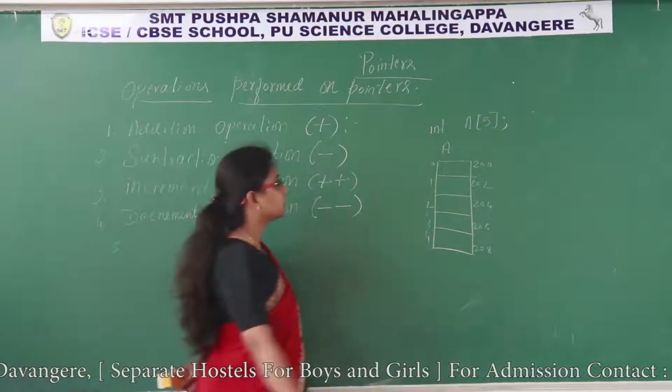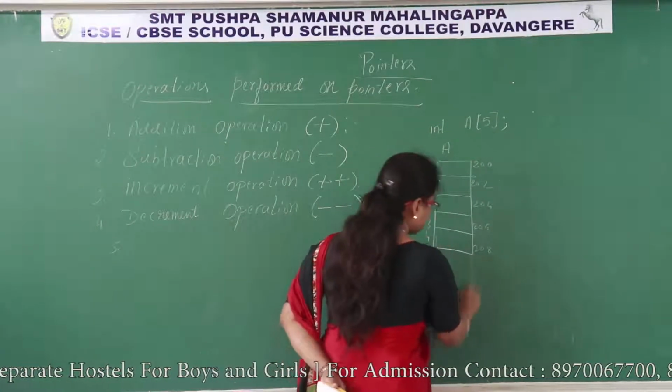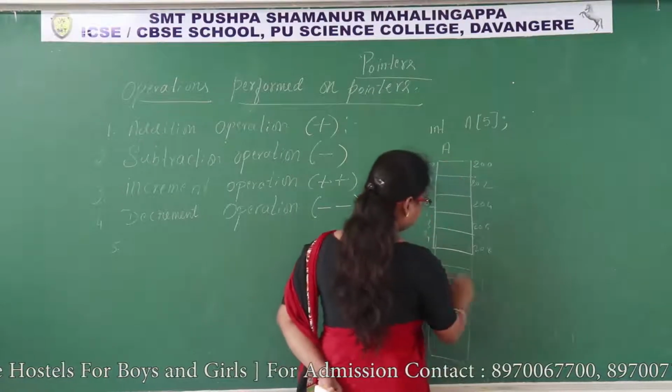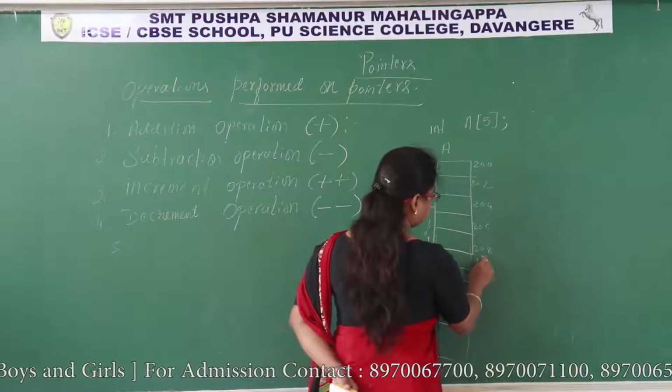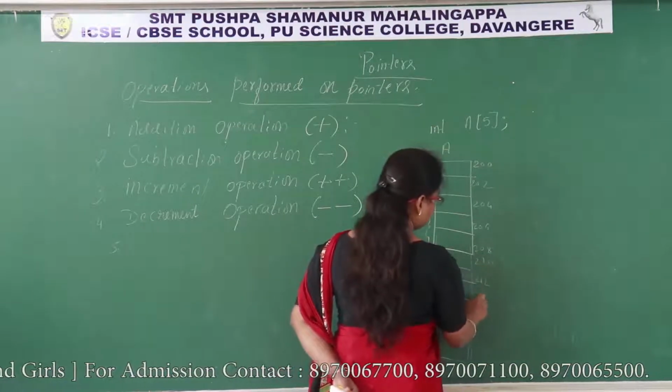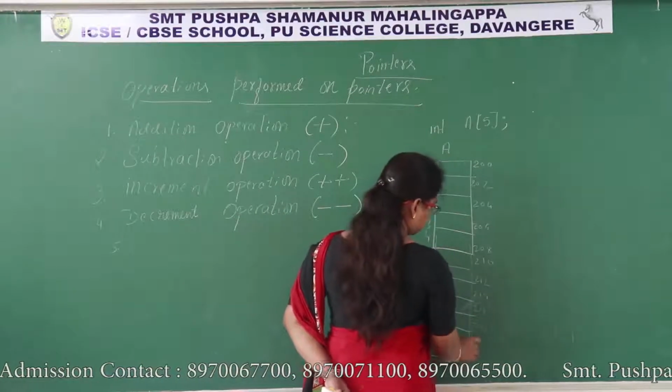If I take a pointer like this, here also memory locations are there, but we did not reserve these memory locations. 210, 212, 214, 216, 218, 220.